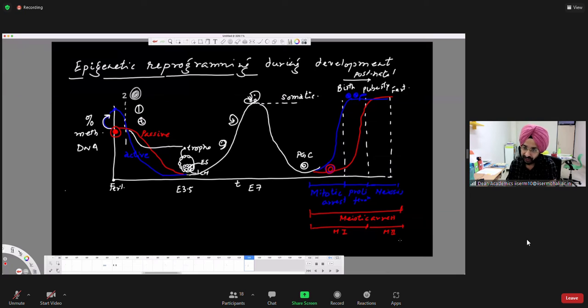Now you might ask, why is that so in the female germline, and why do we have this time delay difference in male and female? First of all, we shouldn't be comparing them head to head because they are in different environments. The male germline environment is different, and the female germline environment is completely different.